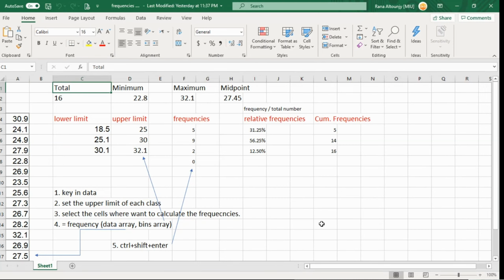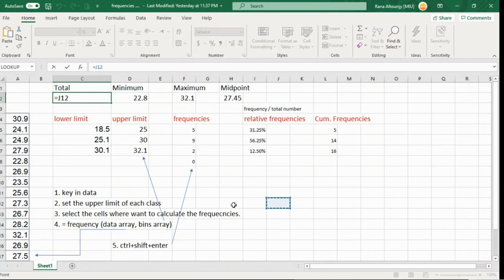What function do you use to count the total in Excel? Let's see how we can count the total of the items we have here. The count function is very easy.